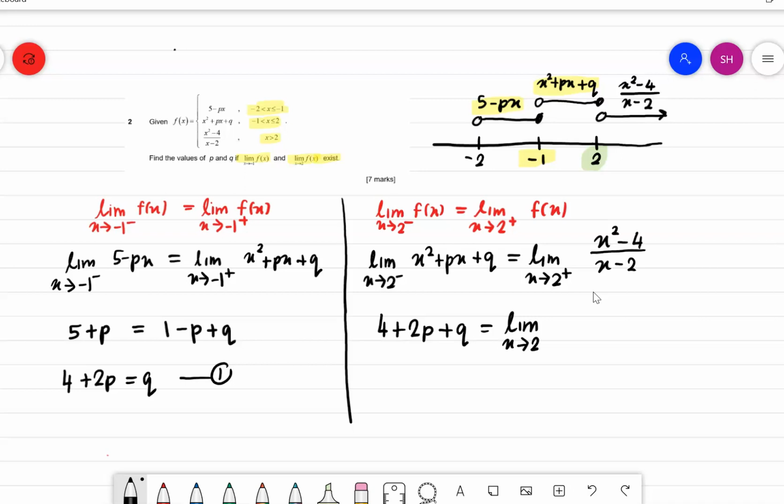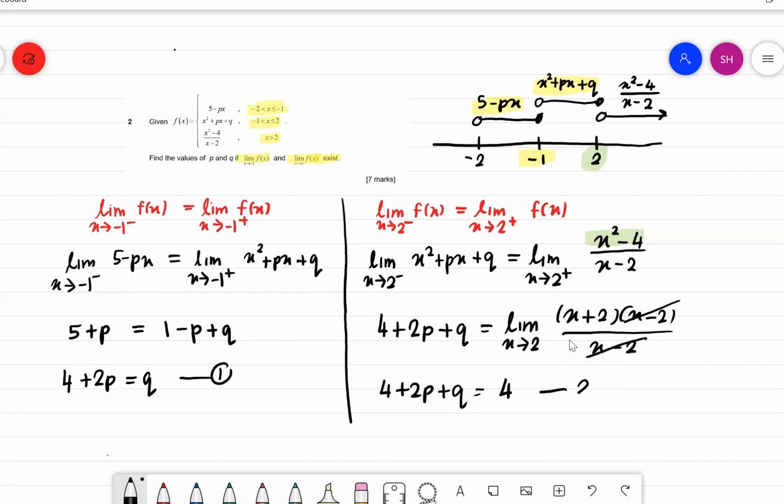Jadi kita boleh factorize x squared minus 4. x squared minus 4 is x plus 2 times x minus 2, over x minus 2. And then this one you can cancel. Lastly, you substitute x with 2, you will get 4. Okay, so this is equation 2.